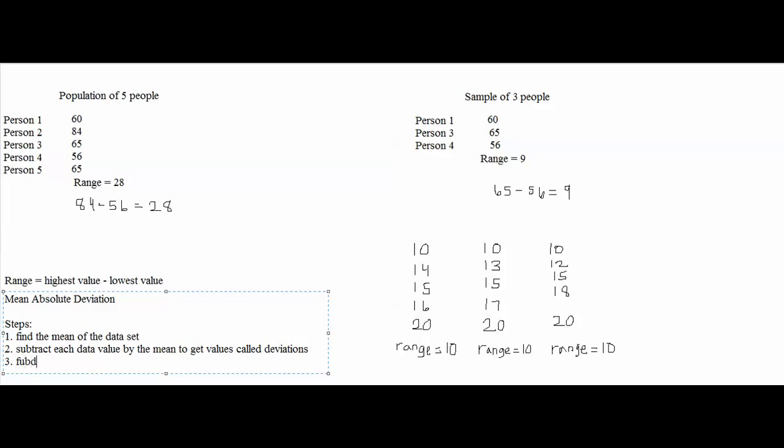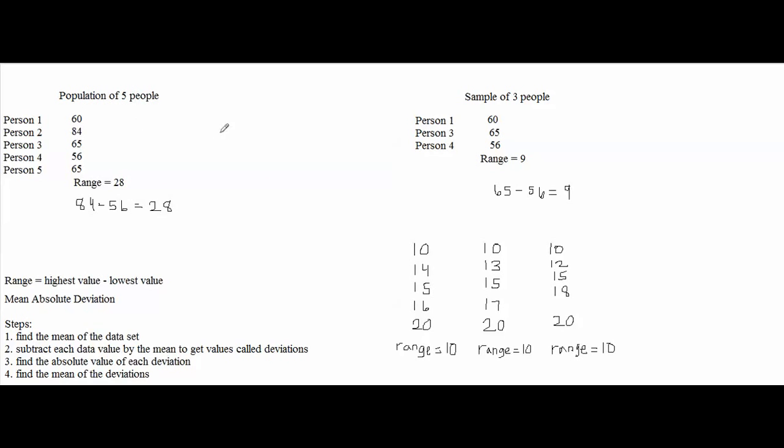Next we have to find the absolute value of each deviation. And then find the mean of the deviations. And I'll explain what the word deviation means when I go through these steps. So first we have to find the mean of the data set. Let's do it with the population first, and then with the sample.